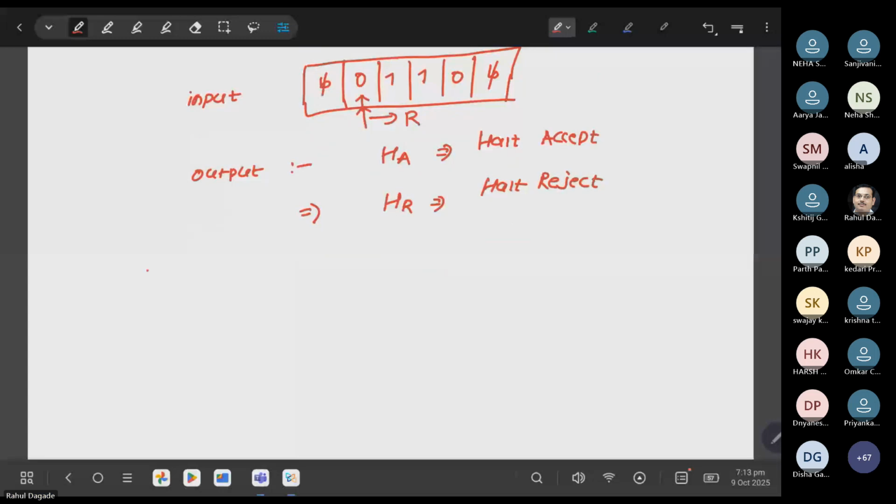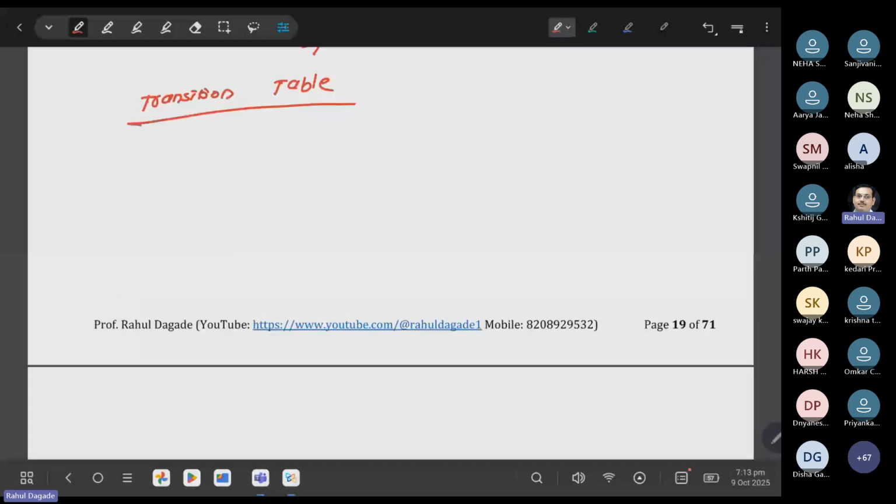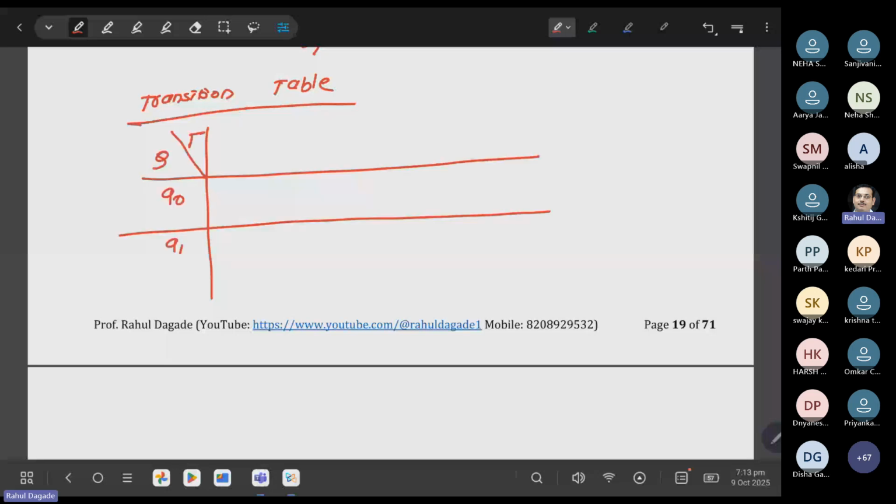So now the transition table. Let us show the transition table. Q cross tau. So which are our states? Q0, Q1, Q2, then HA and HR.